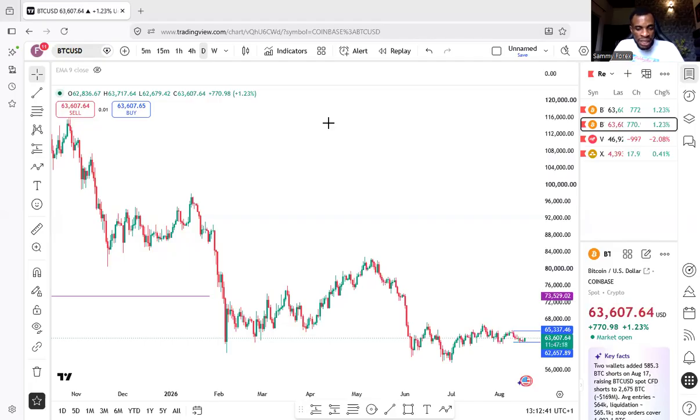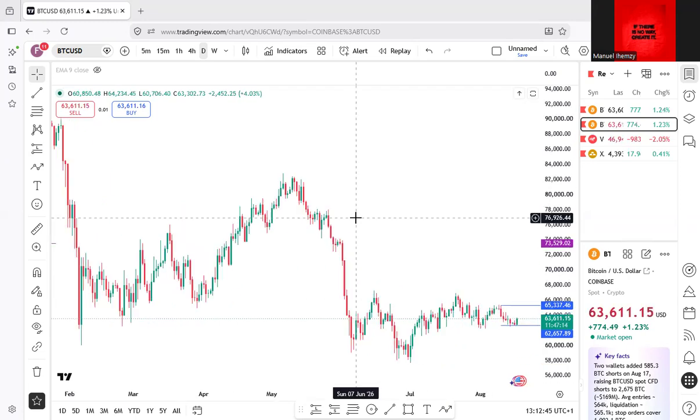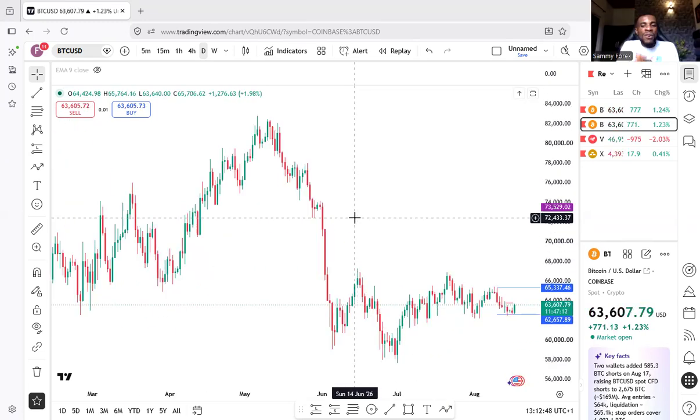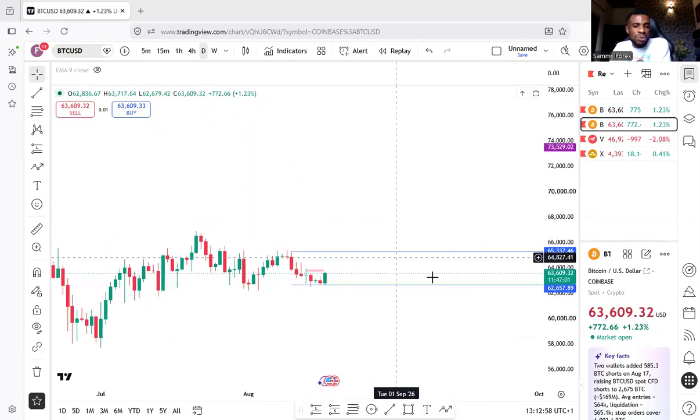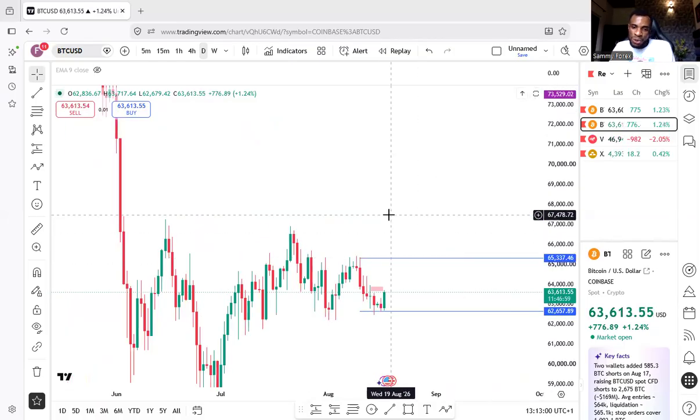It's a downtrend. You see, BTC has more selling than buying, so it's still in a downtrend.